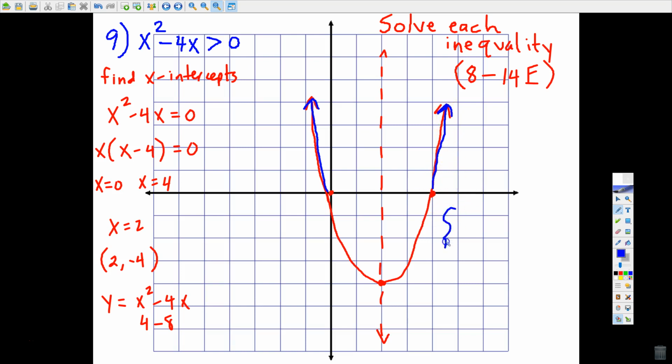Okay, so we're ready to state our answer based on the graph. All x's such that x is less than 0, or x values that are greater than 4. Okay, all right, and that's the final answer for number 9.